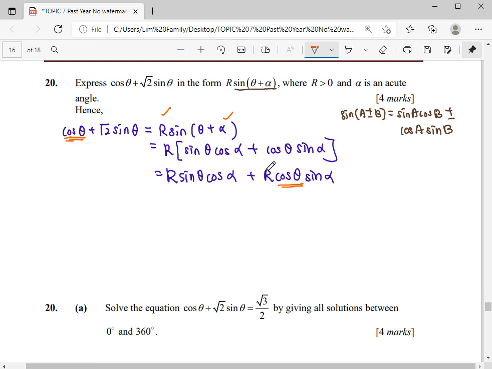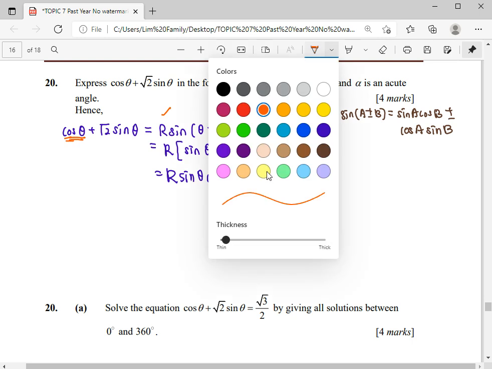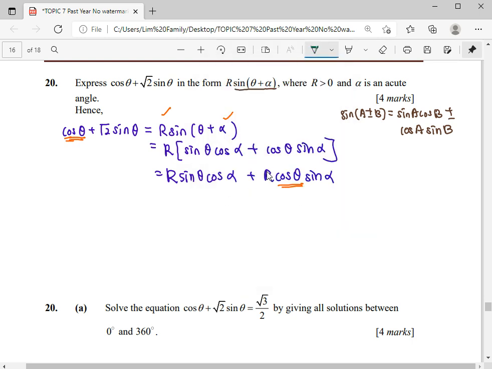So after we compare, we can get r sine alpha is 1. Compare the coefficient: the coefficient for cos theta is 1, so r sine alpha is 1.